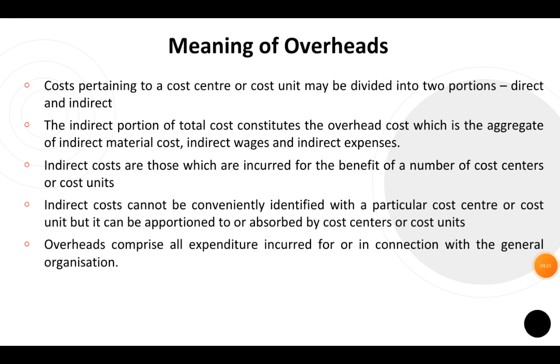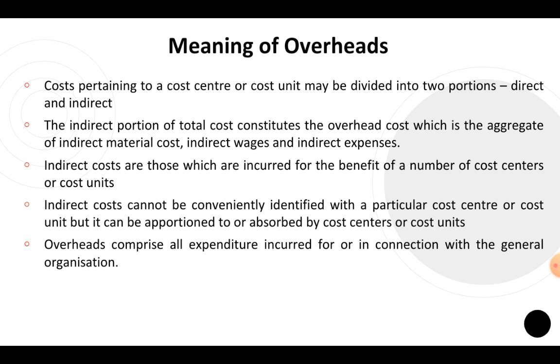In fact, the CIMA, the Chartered Institute of Management Accountants, is a body in the UK, like we have the ICAI in India. So the CIMA defines indirect costs as expenditure on labor, material, or services which cannot be economically identified with a specific saleable cost per unit.